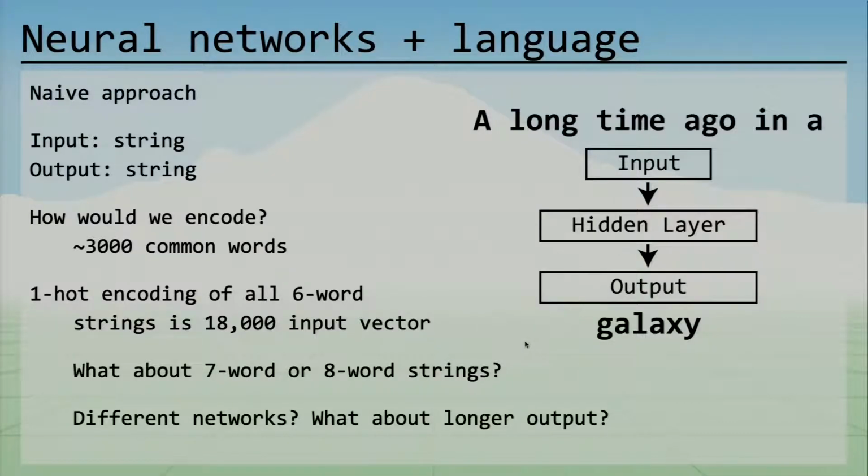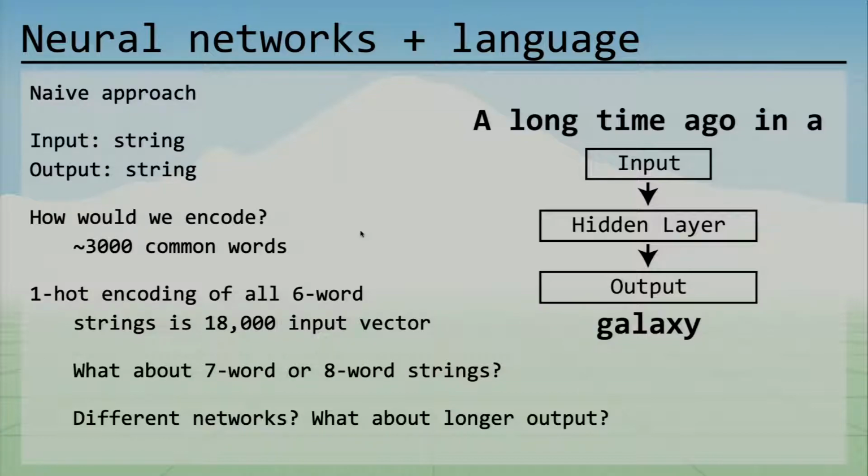So there are a few ways that we could think about doing this. You could take a naive approach, which is your input is just a string. Say it's the string that precedes the word that we're looking for, and our output is going to be whatever particular word we think comes next in some string, right? So our input would be like a long time ago in a, and our hopeful output for this network would be galaxy.